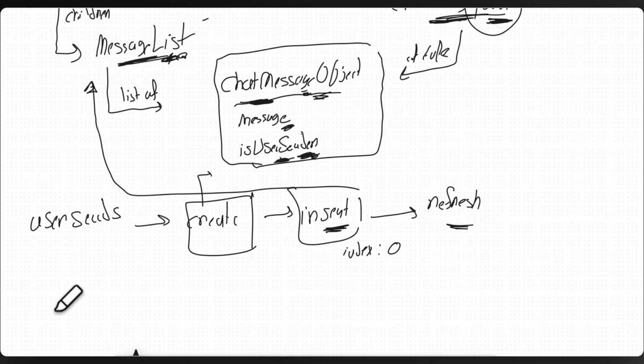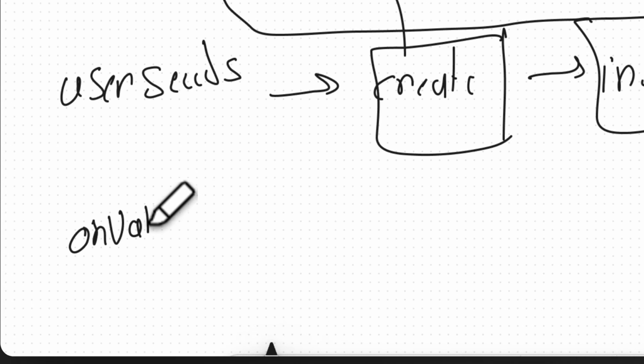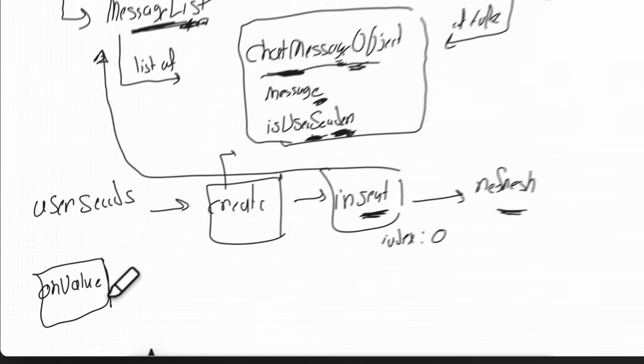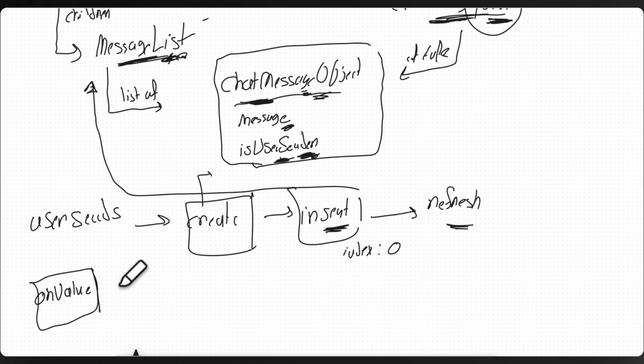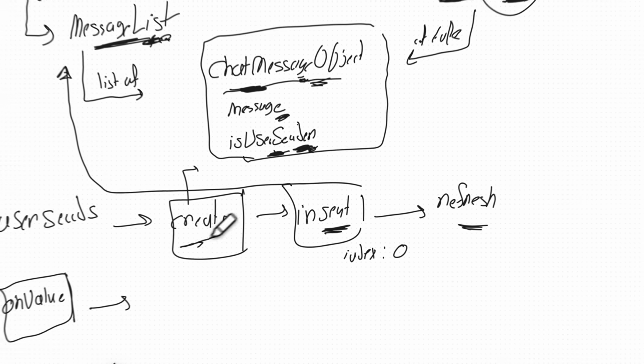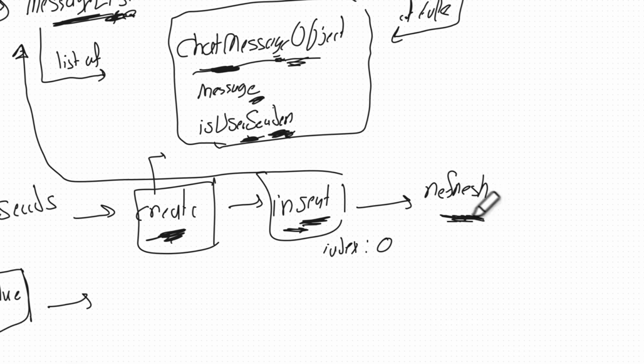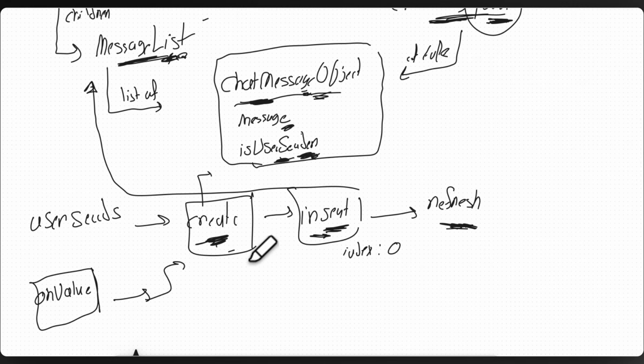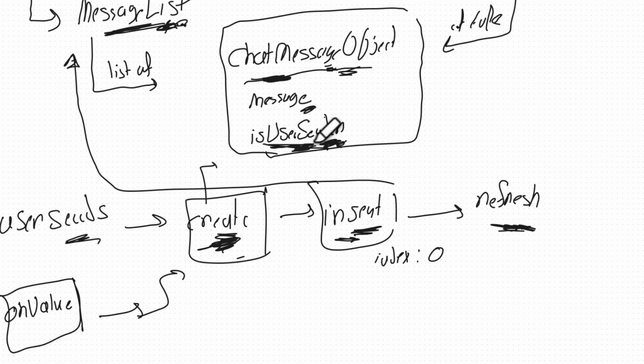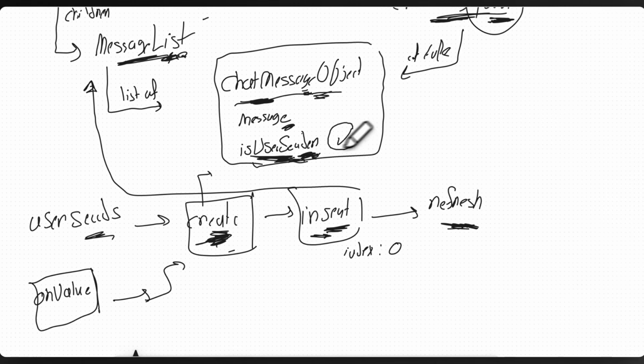Now, when ChatGPT replies back and the API request fires back, which happens in the section called onValue, meaning that the API came back with the response successfully, then we do the same thing. We create a new object, we insert that object into the list, and then we call refresh again. The only difference between the two scenarios is that when we create a chat message object when the user sends the message, we check the box is user sender and make it true.